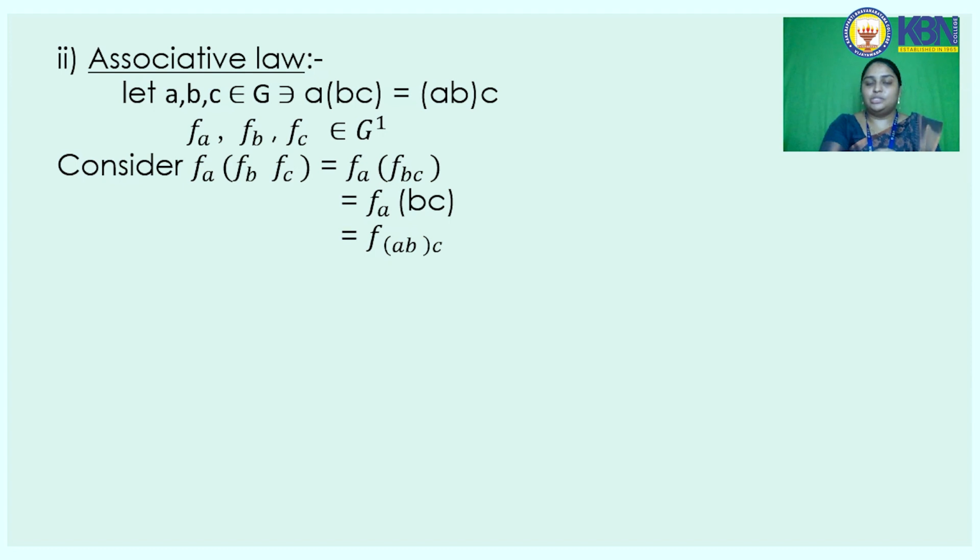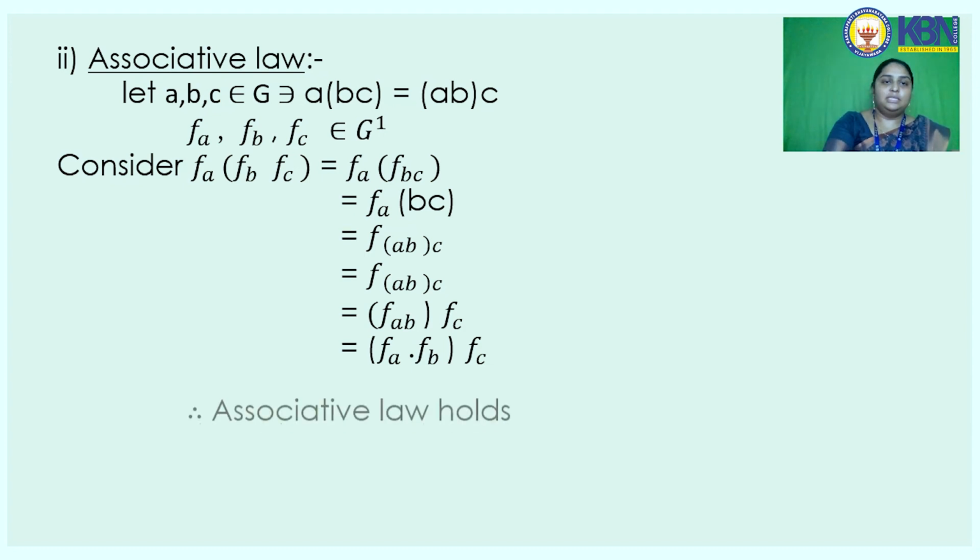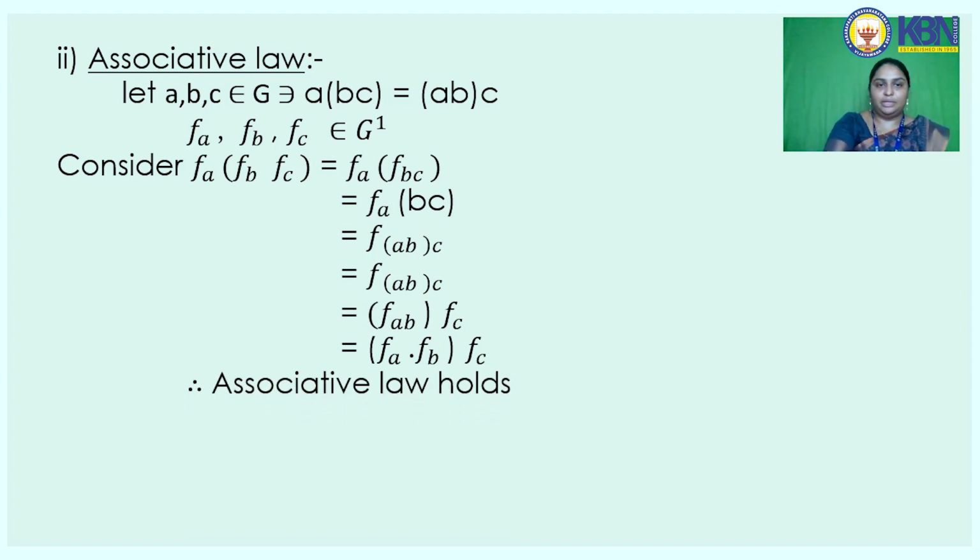By using the associative law, we can change abc as ab into c. Then we obtain Fab into Fc, that can be written as Fa into Fb into Fc. Clearly, it satisfies the associative law.